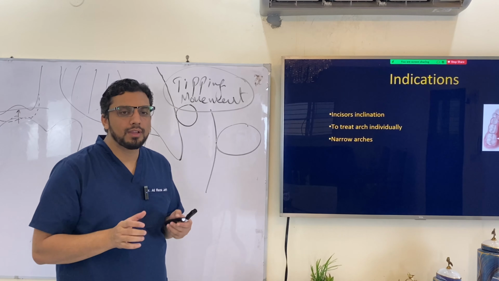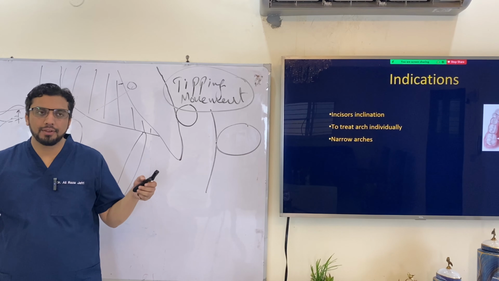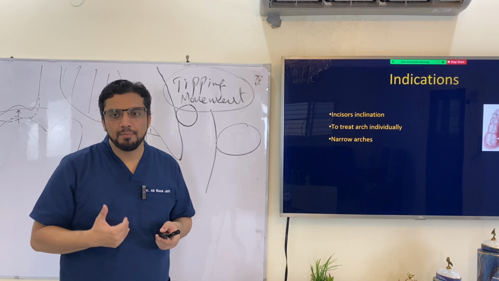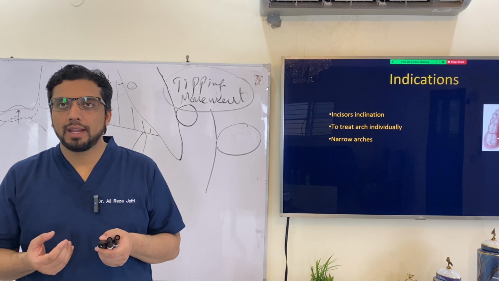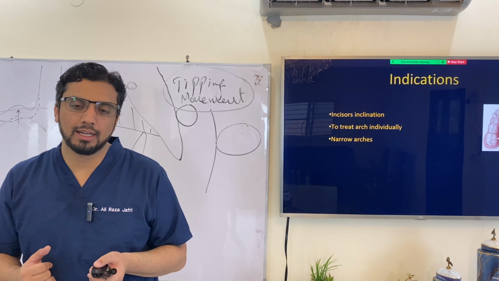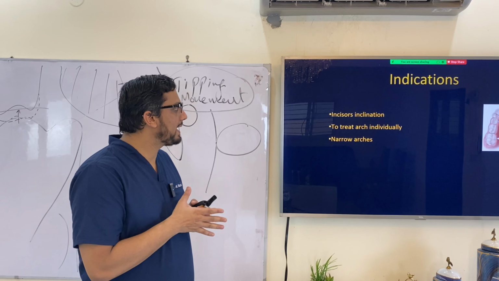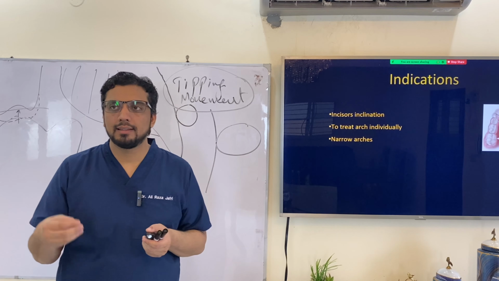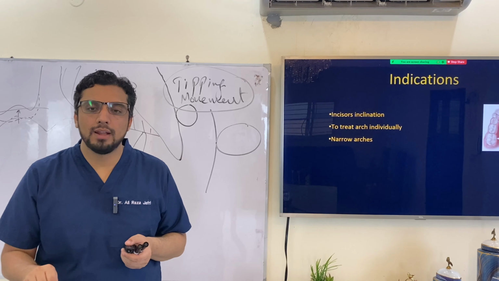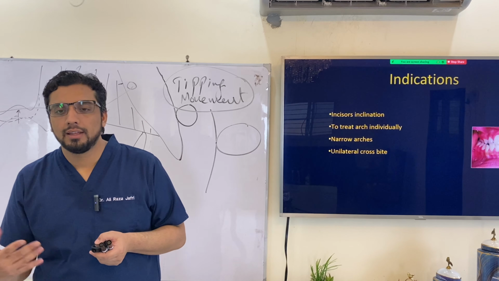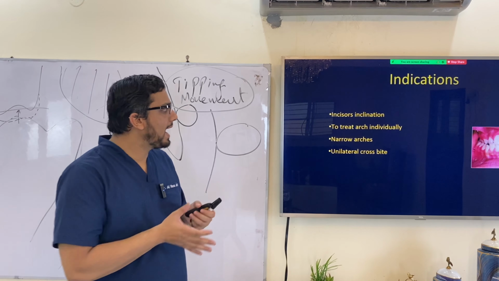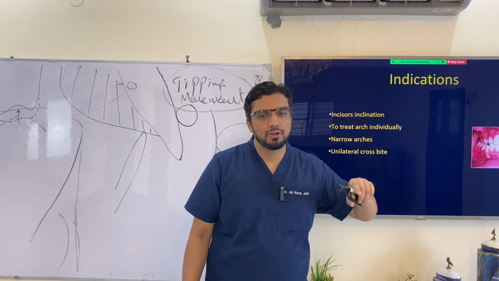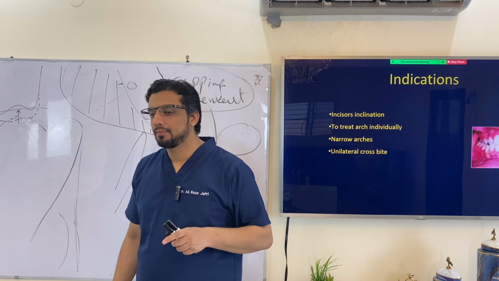So in the narrow arches, if we want to broaden the arches, with the help of the screw in between the base plate, you can activate, और the coffin spring जब भी हम कल दिखाते हैं आपको, तो उसके साथ you can achieve slight arch expansion. So proclined incisor treatment in only one arch, or arch expansion, the removable appliance can be the appliance of choice. As you can expand, this can very easily treat the unilateral crossbite.